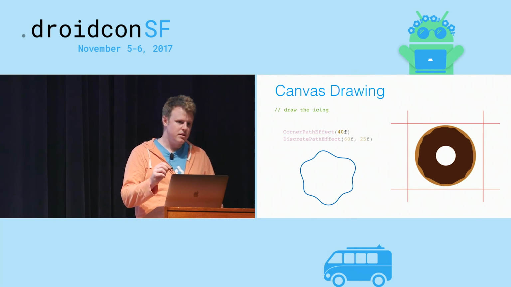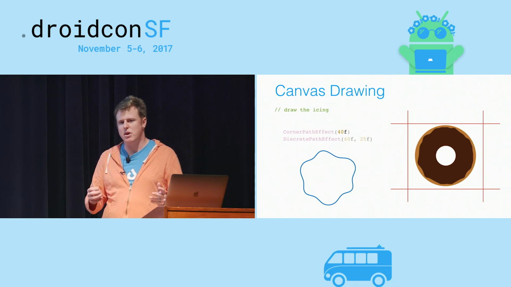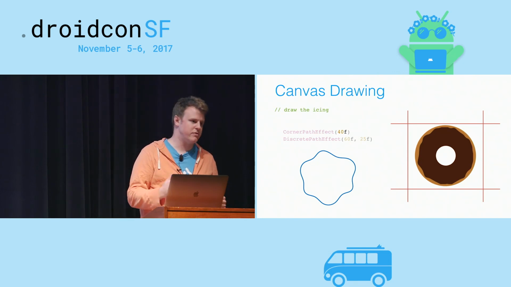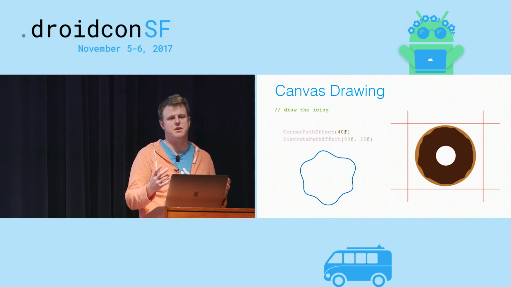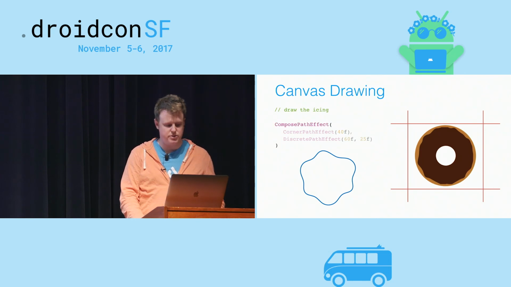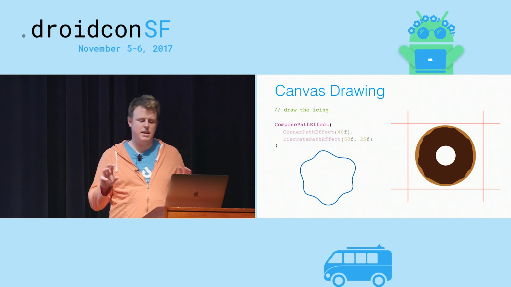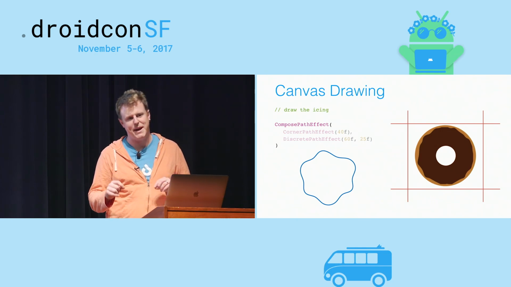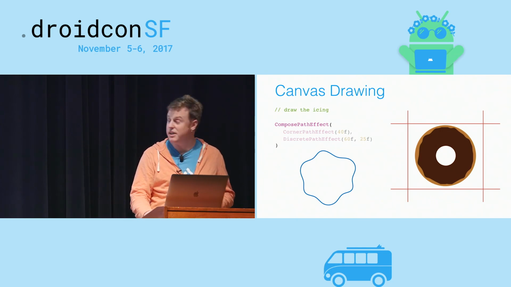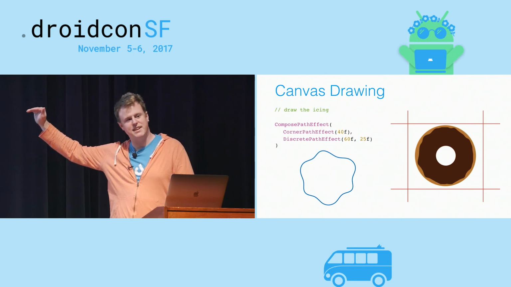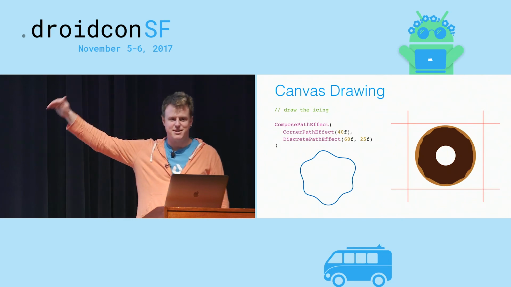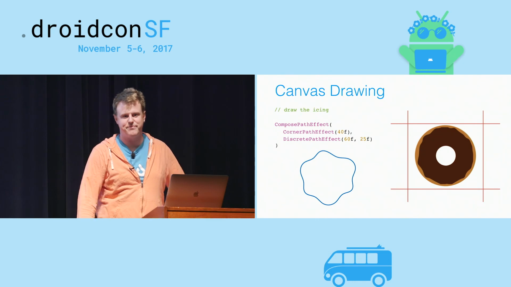On each paint, though, you can only set one path effect. So there's a couple of different path effects that basically just combine other ones. And we're going to use a compose path effect, which is a bit confusing. The way the compose path effect works is it first applies the second argument, and then it applies the first argument to the result of that.